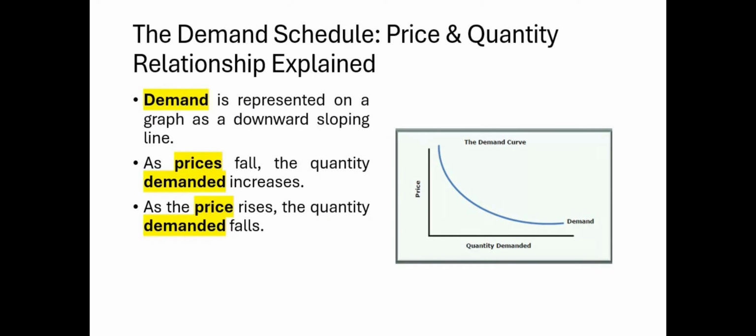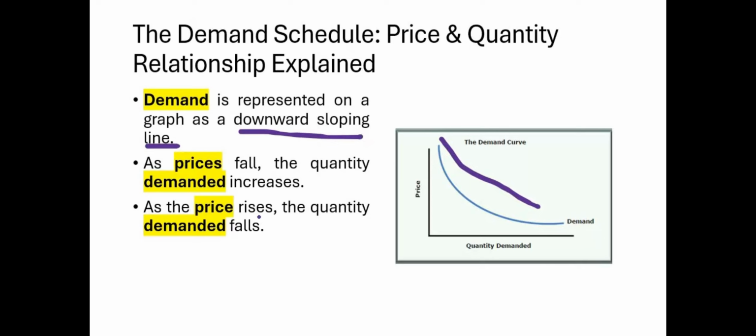Now let's look at the price and the quantity relationship and try to explain it further. So basically, the demand is represented on a graph as a downward sloping line. As you can see here, downward sloping line. And as the prices fall, the quantity demanded increases.